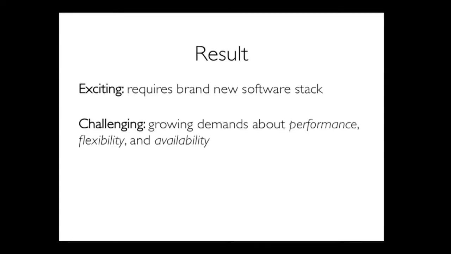Apart from the challenges of just scale and distributed systems that come with the field, there are also growing demands in what people want out of their big data systems. In particular, there are growing demands about performance. Users want to be able to do analysis faster, or for example, instead of doing it in a batch mode, to do it in real time. There are growing demands about flexibility.